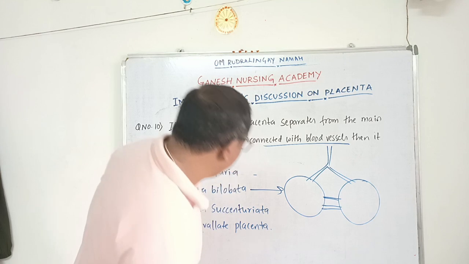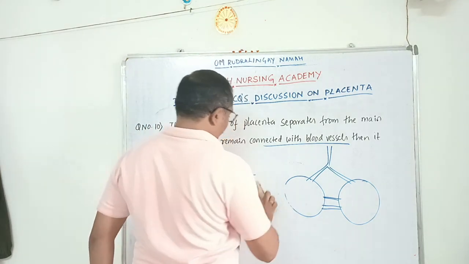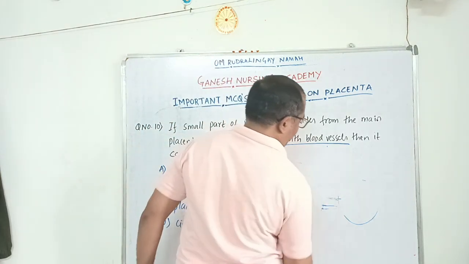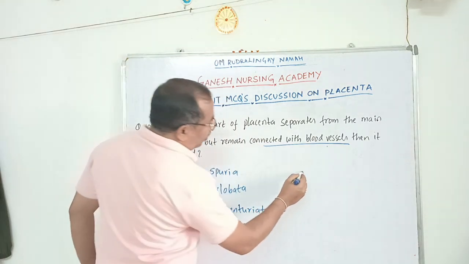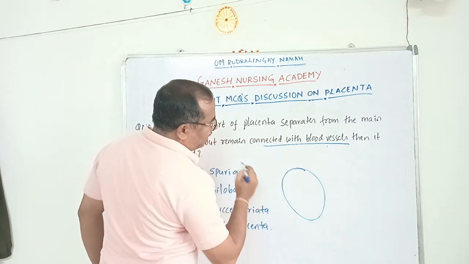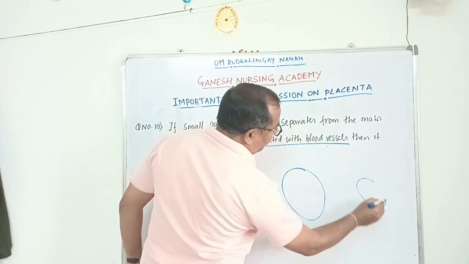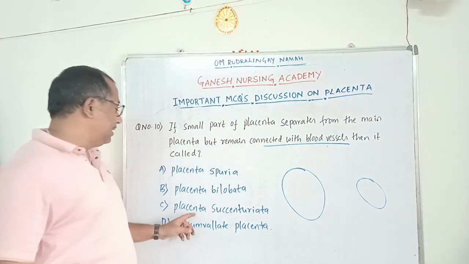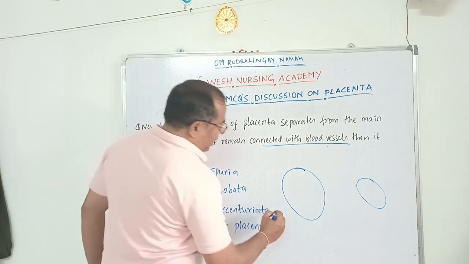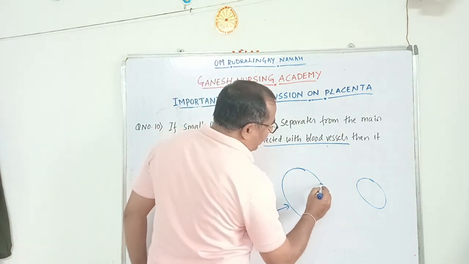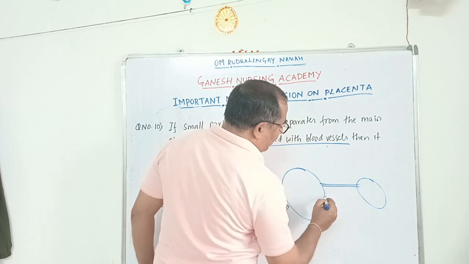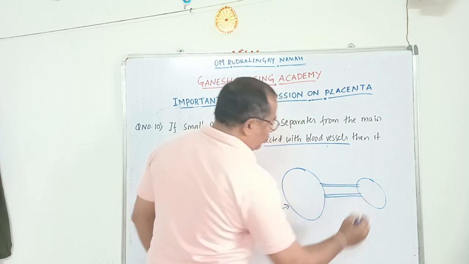Next, what is the placenta secundariata? It consists of one main placenta, that is the big placenta, and one small placenta.